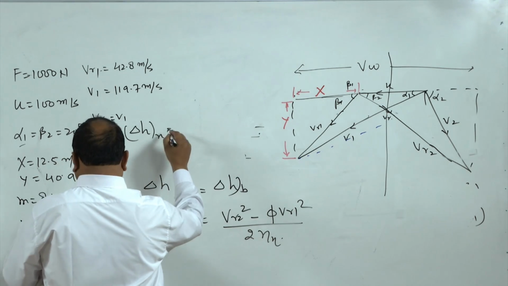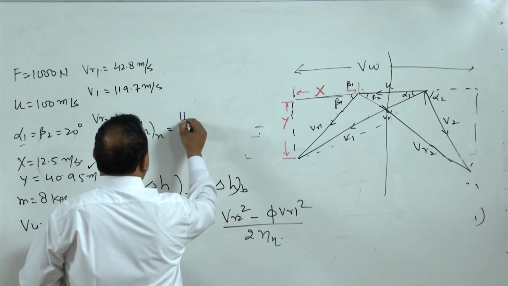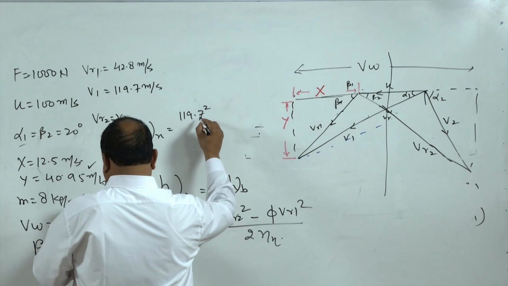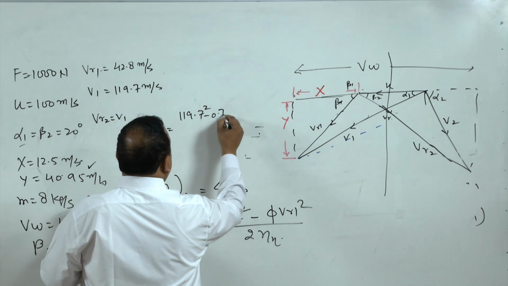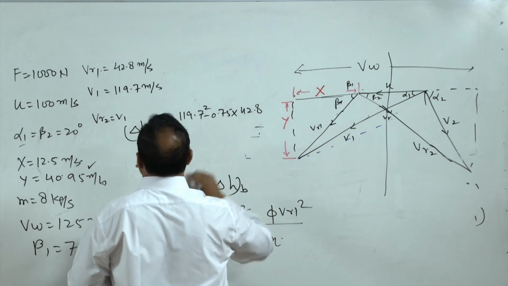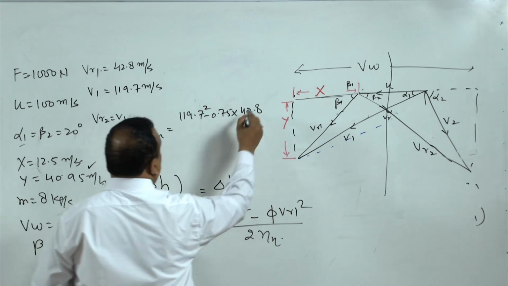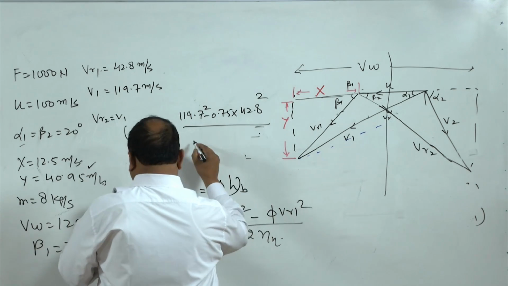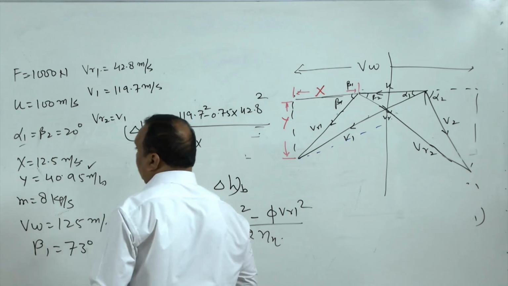in the nozzle is (119.7 squared minus 0.75 multiplied by 42.8 squared) divided by 2 times the efficiency of the nozzle.